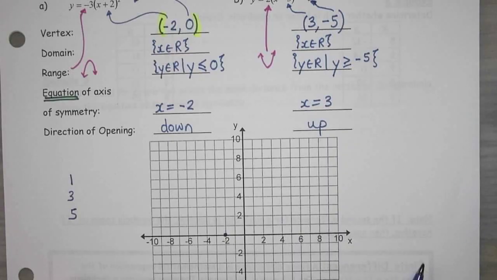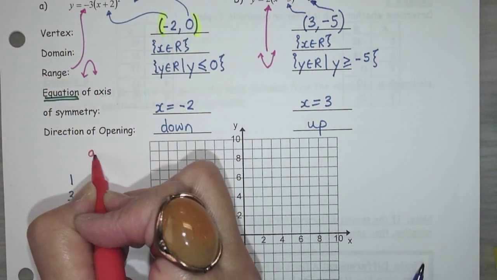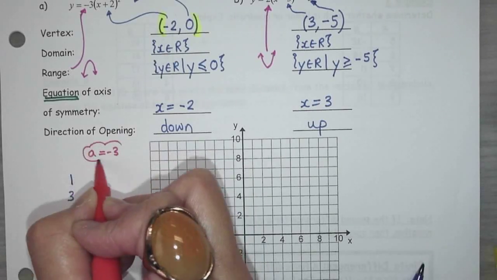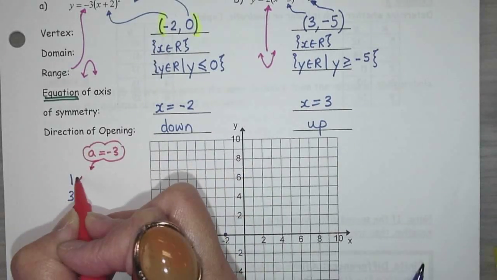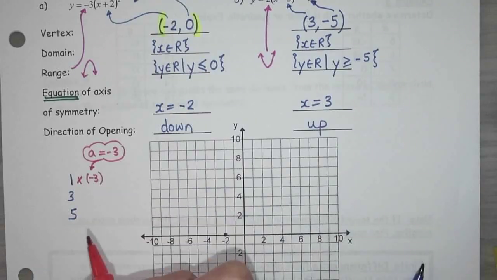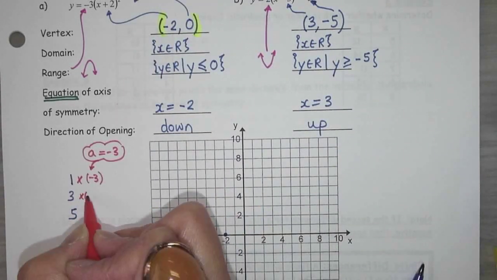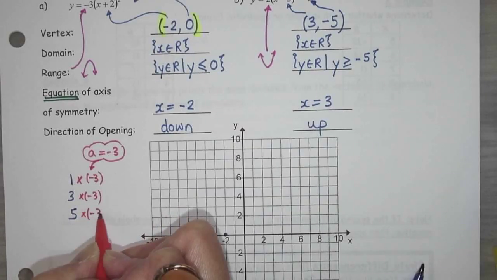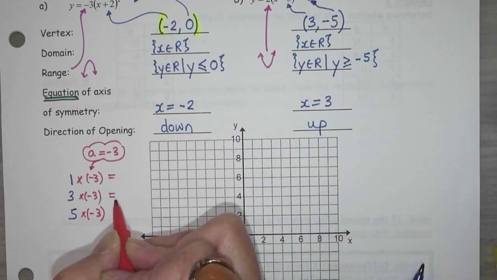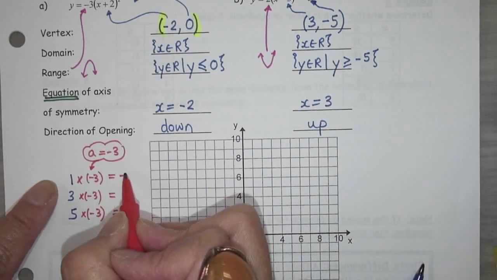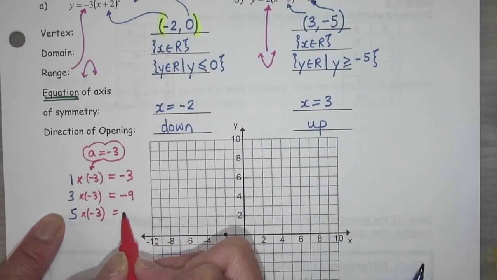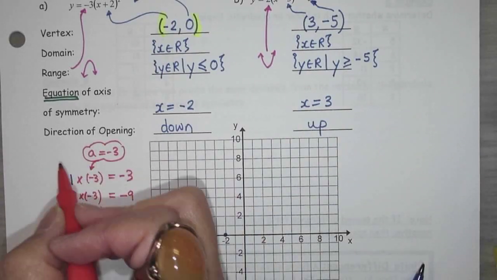I take that and multiply it by the A value, which for this one is negative 3. So I go times negative 3, and just make sure it's heading down. You don't have to show all this work, but I'm showing you what my brain is thinking. So it's going to be negative 3, negative 9, negative 15. So this is for A.